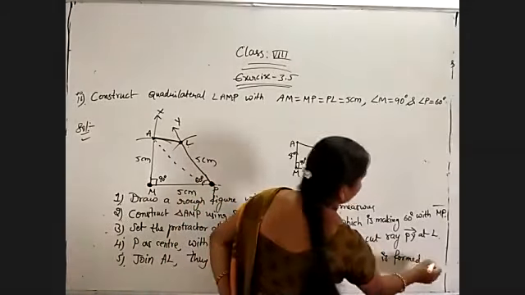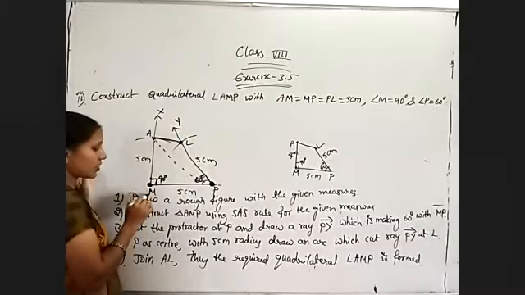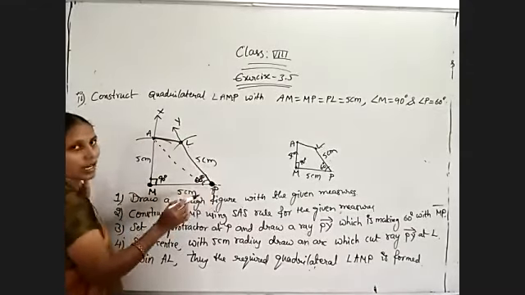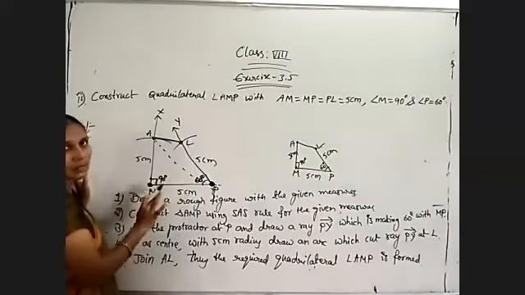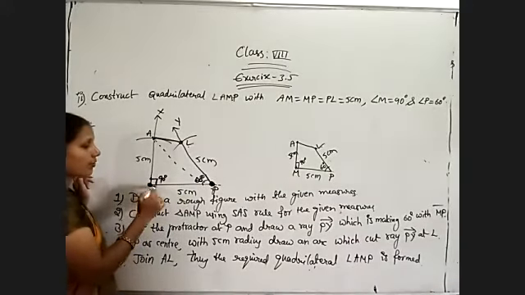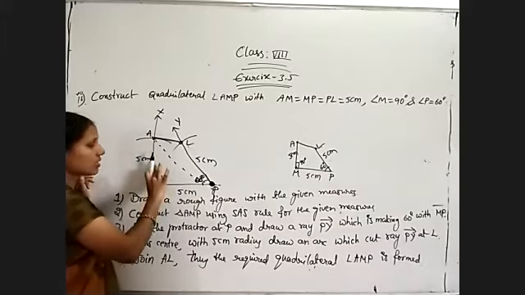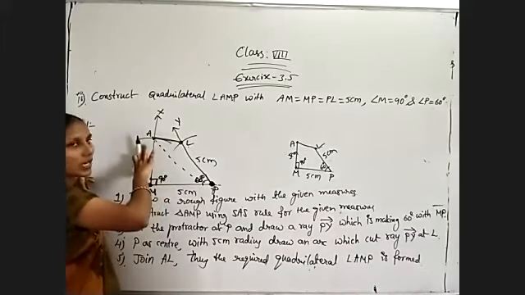So in this case, we can use anything as the base, but for the easiest construction of angles, I am using as the base the line segment in which both given angles are present. Here angle M and angle P are mentioned, so line segment MP I am taking as the base to construct the angles properly. After constructing the line segment, first construct the angle and use one of the sides.